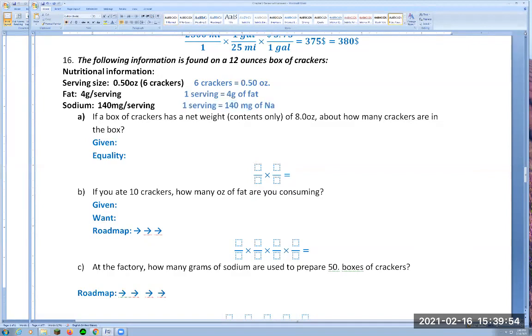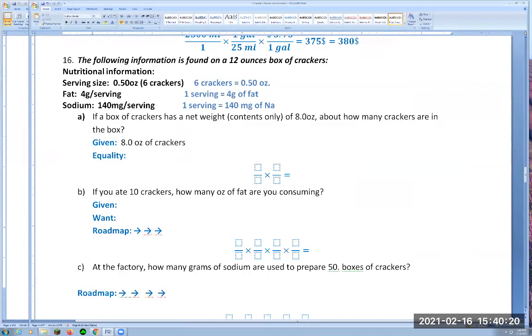So first question, if a box of crackers has a net weight, contents only, of 8 ounces, about how many crackers are in the box? So how many crackers in the box? That's what we want. And what is given here is the 8 ounces of crackers.